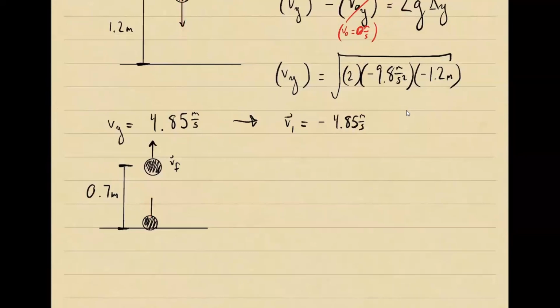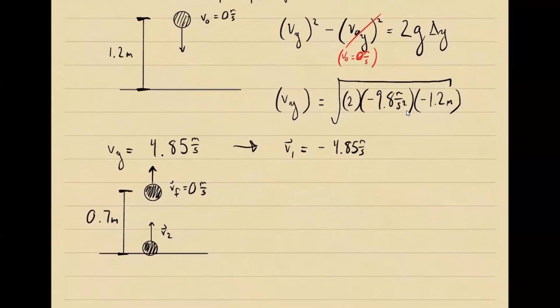So now the ball is going upwards like this. I'm going to call this velocity after rebounding off the ground v2. And we know that at max height, which in this case is 0.7 meters, this velocity is going to be 0 up here. So now we're going to do the same thing that we did in the first part.